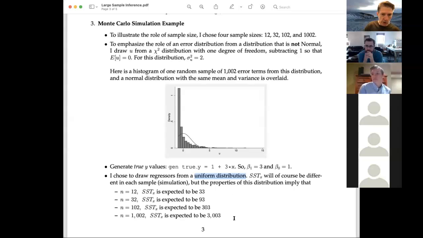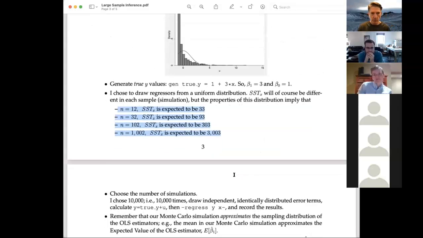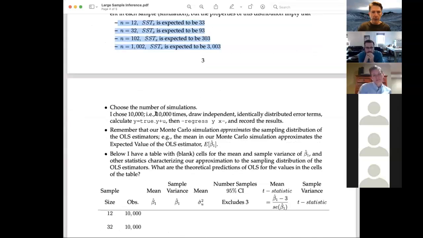So you can see here, I've got these different expected values for the sum of squares total, depending upon the sample size. As before, we're going to do the simulation 10,000 times.